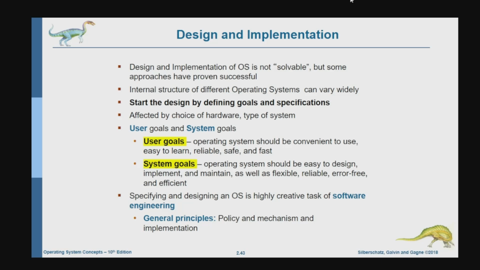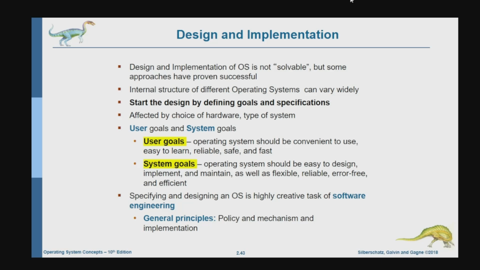The internal structure of different operating systems can vary widely. So you can't assume that the Windows operating system has the same internal structure as Linux, because they might be different.